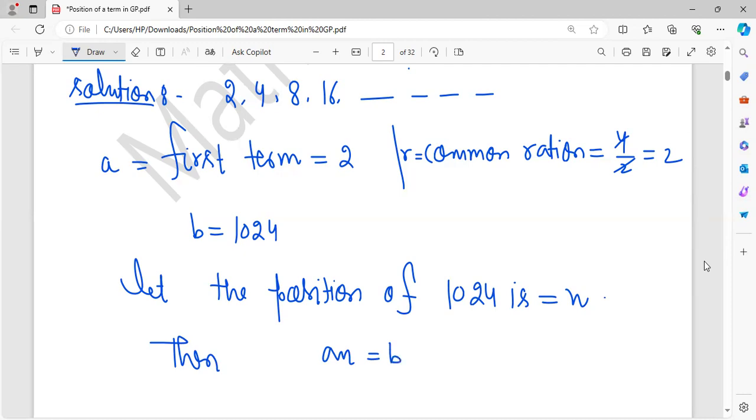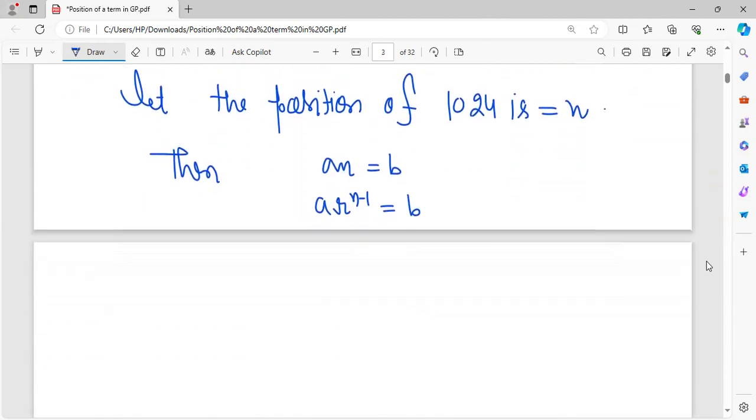So A R to the power n minus 1 is B. What is the value of A? That is 2. And what is the value of R? That is also 2.